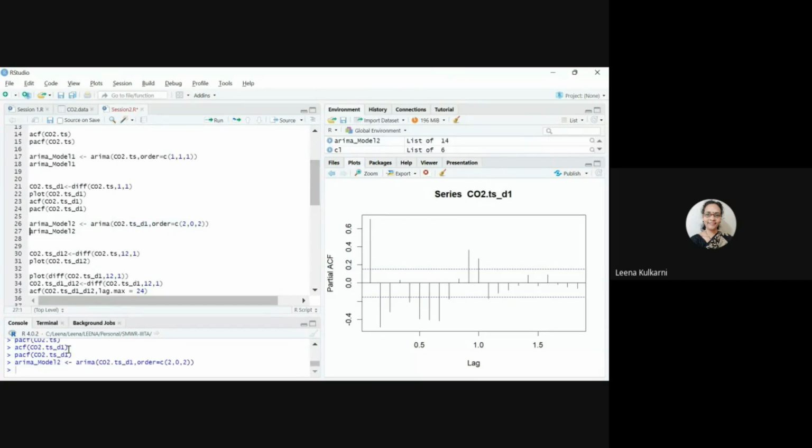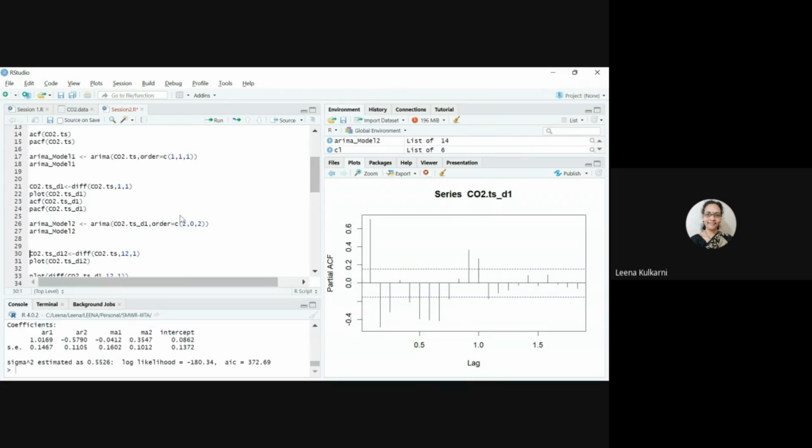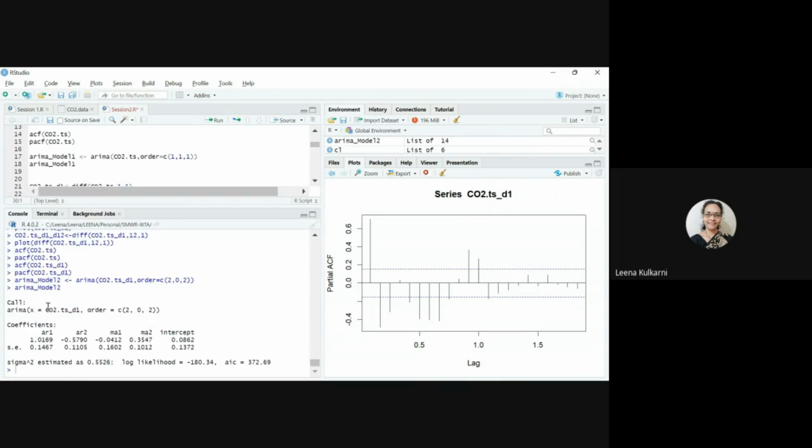If you try to fit the ARIMA model and get the summary of this, you can see the CO2 first order difference model, which is fitted with ARMA 2,2. You will get the estimates of AR1, AR2, moving average 1 and moving average 2 parameters, and the intercept parameter.